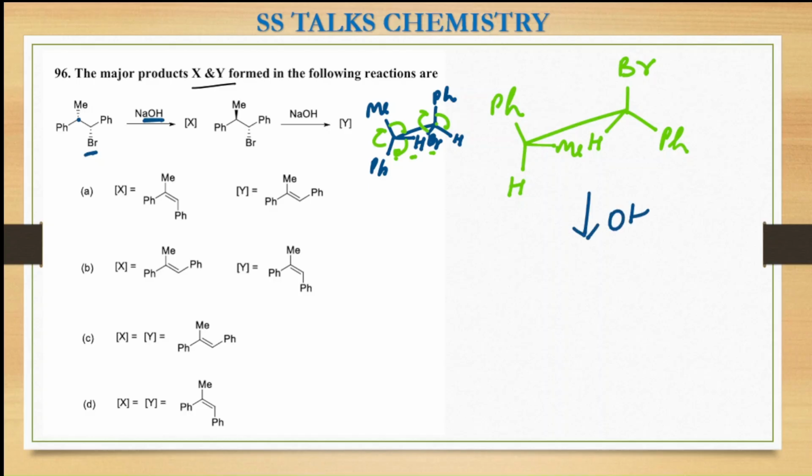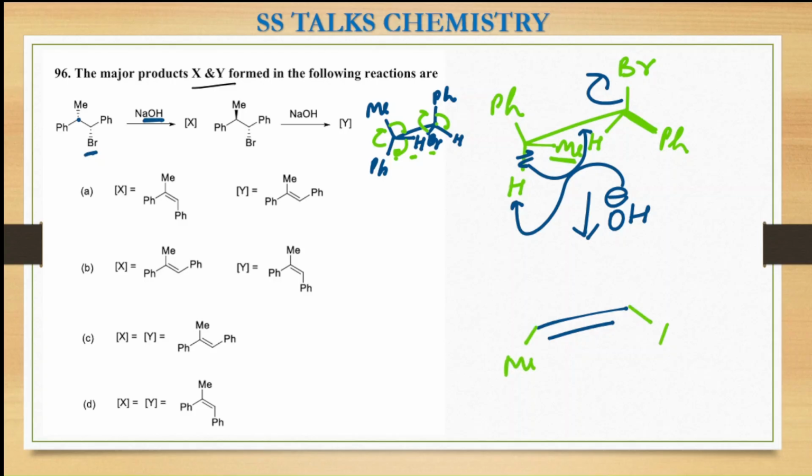So OH negative has been added. This is gonna come and abstract this proton from here. This sigma electron density will be shifted over here, and this Br negative is gonna leave from the medium. So an alkene is being formed. Now what is the stereochemistry around this that we have to see? So you can see in this case this methyl group that is at the wedge position and this pH group, these both are on the same side.